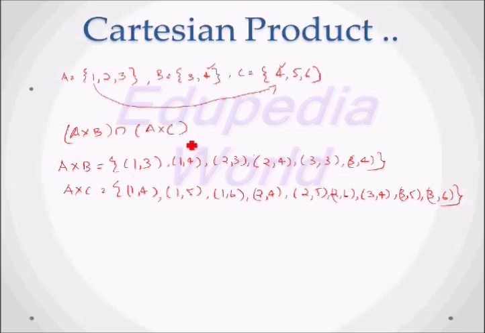So now we have to find the intersection, that is the common elements between A cross B and A cross C.